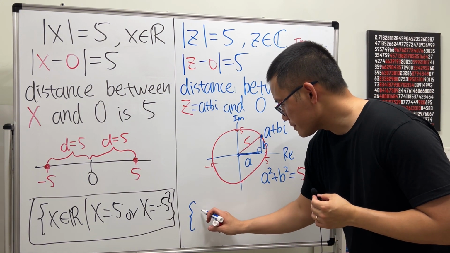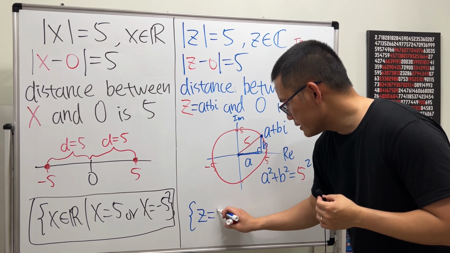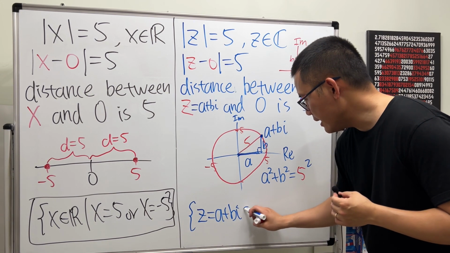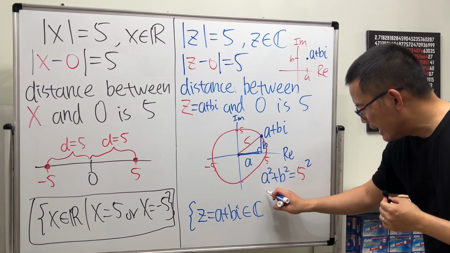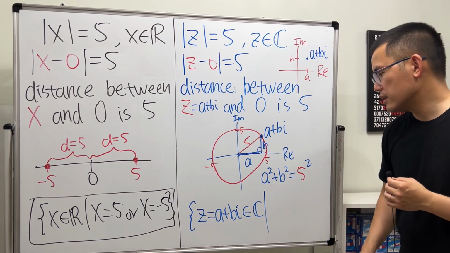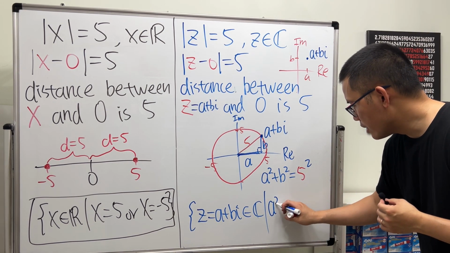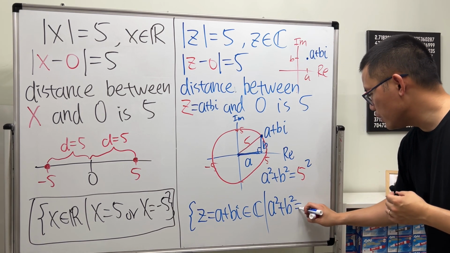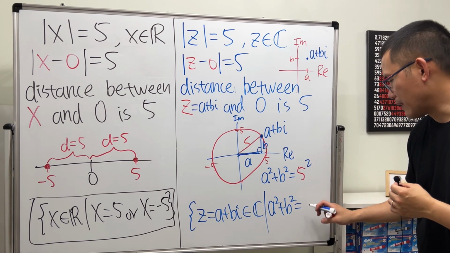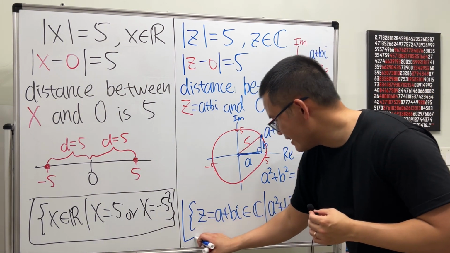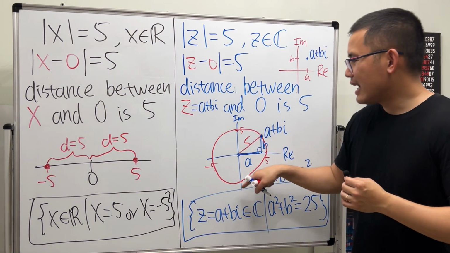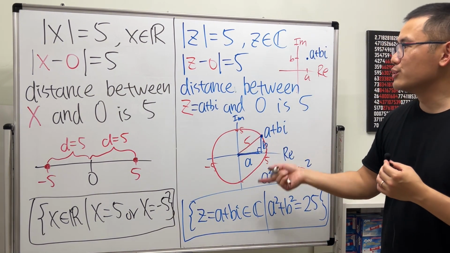I will write z equals a plus bi, and then you can indicate that that's just a complex number, such that the condition is a squared plus b squared is equal to, let's just work out the 5 squared, which is 25. So, any point on this circle is a solution to this right here.